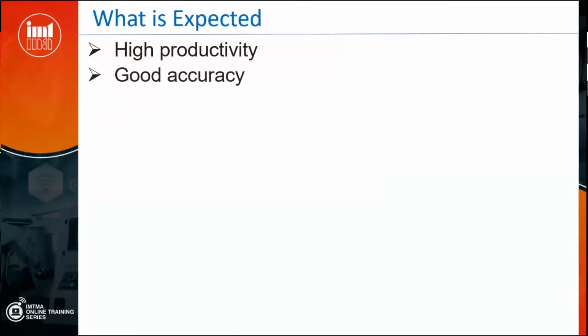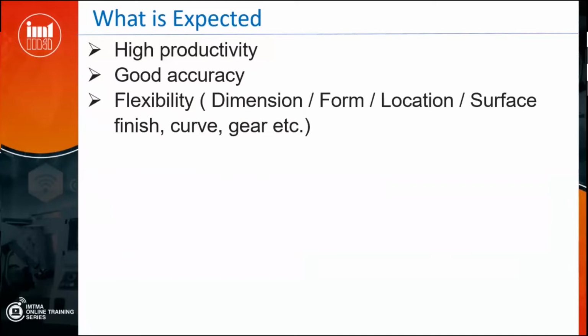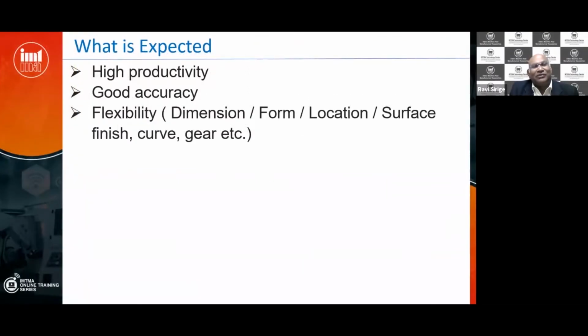Of course, for measurements, we need good accuracy. Productivity associated with accuracy. The third most important thing we want is the flexibility of this machine. We want to measure dimensions, form, location, surface finish, curves, gears, and so forth. There are so many requirements which come.